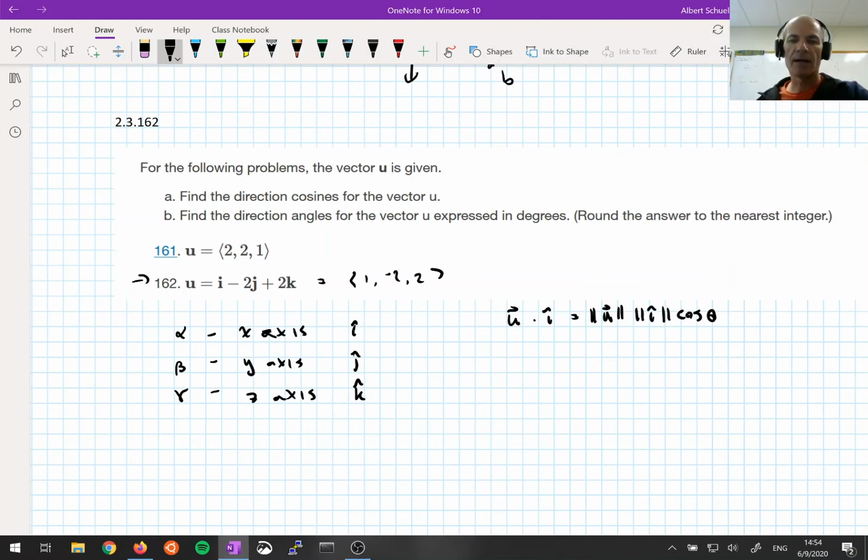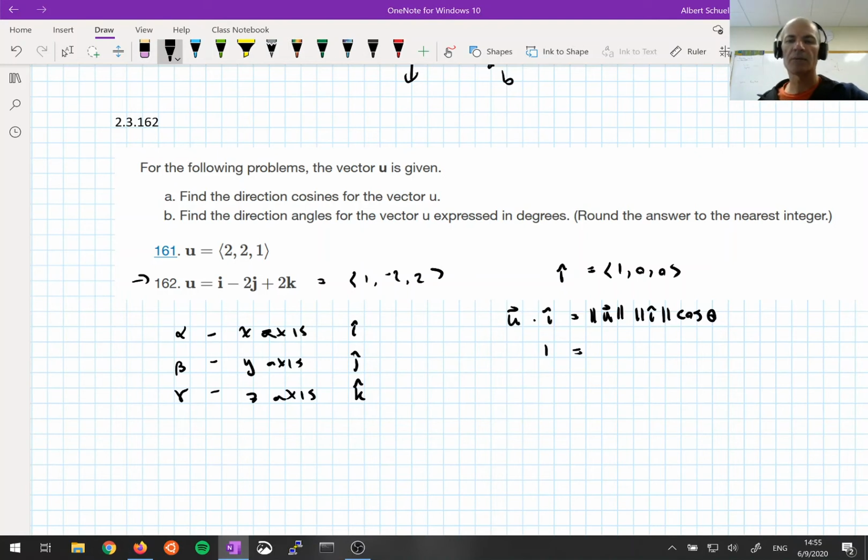Remember that i is just 1, 0, 0 in component form. u dotted with i is 1 times 1 plus 0 times -2 plus 0 times 2, and that just works out to be 1.